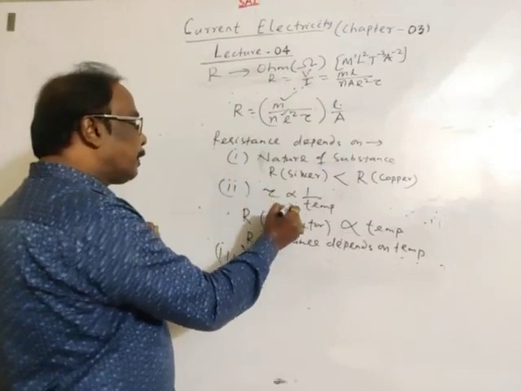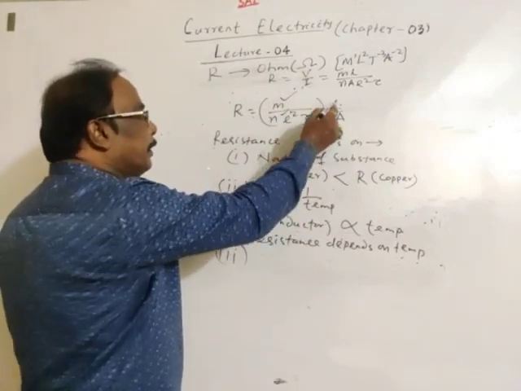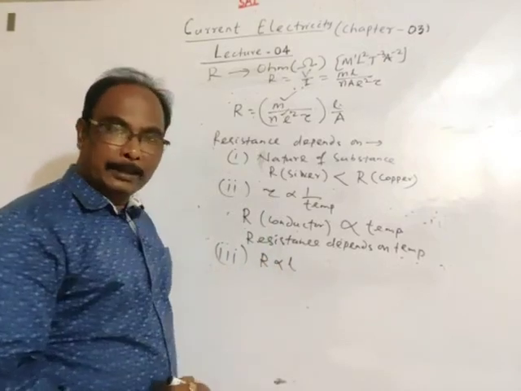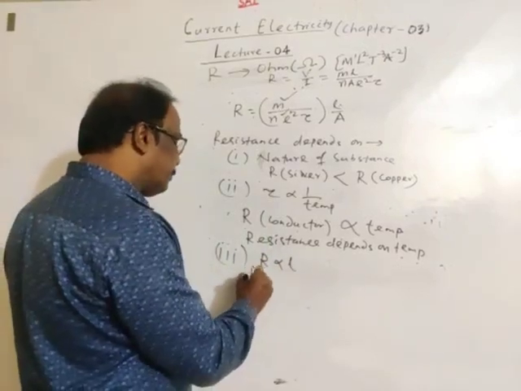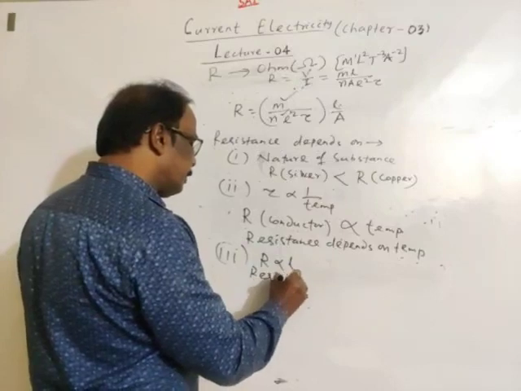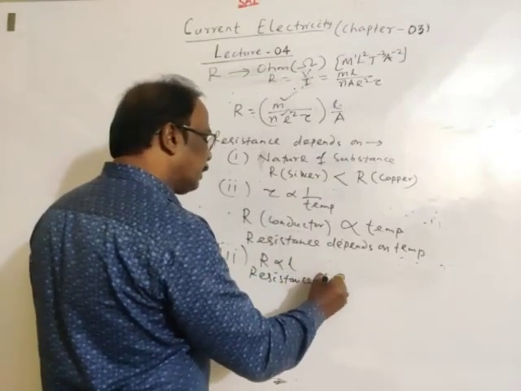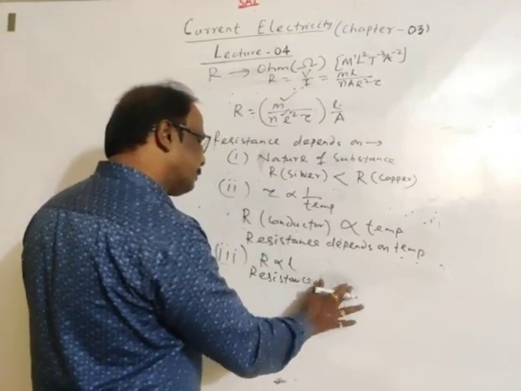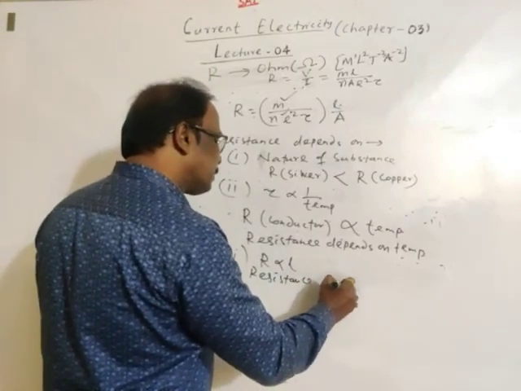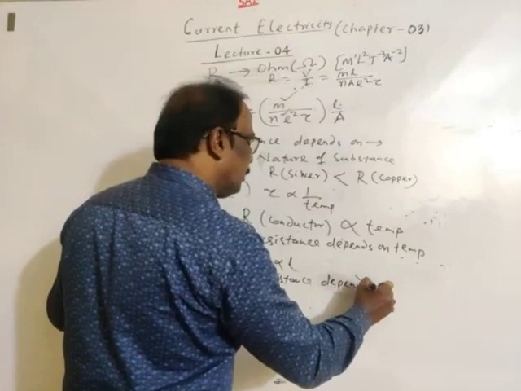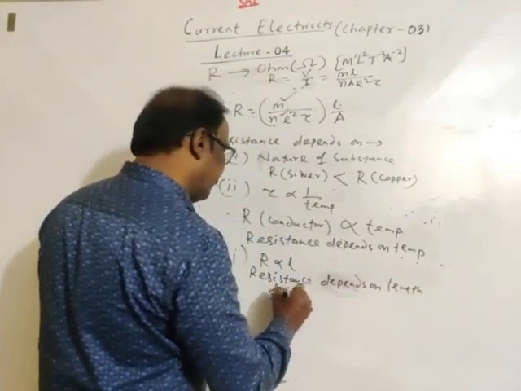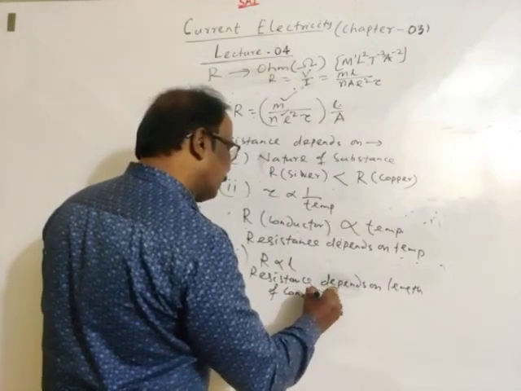Number 3. Resistance depends upon nature of substance. Resistance depends upon temperature. This is length. Resistance is directly proportional to length of conductor. So we may write, resistance depends on length of conductor, directly proportional to length of conductor.